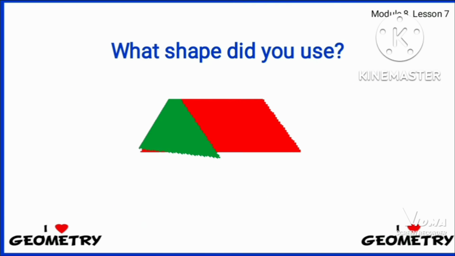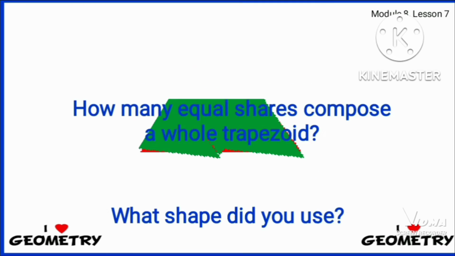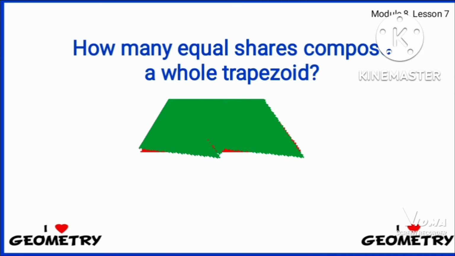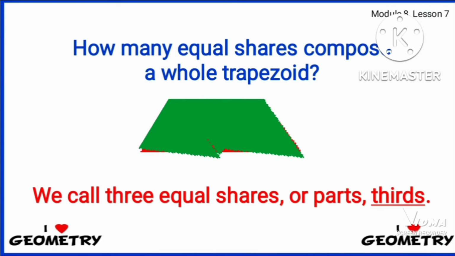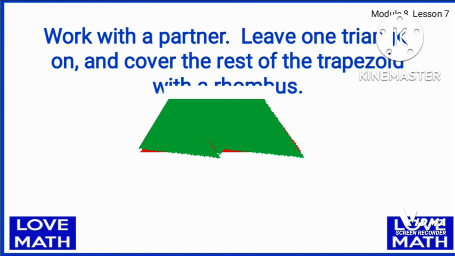That's a triangle, another triangle, and yet another triangle to cover the trapezoid. So how many equal shares compose a whole trapezoid? 3. We use 3. We call 3 equal shares or 3 equal parts thirds. This is thirds. That is 1 over 3. 1/3.